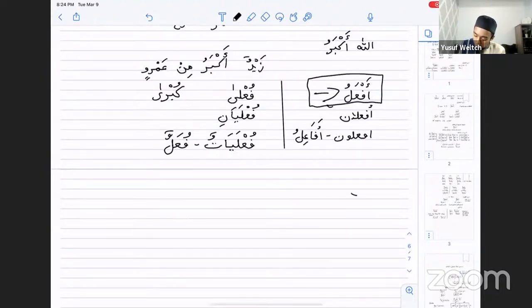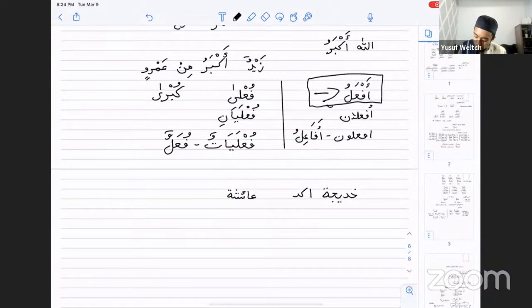So if you're saying, for instance, Khadija is older than Aisha, how would you say it? خديجة أكبر من عائشة. Good.